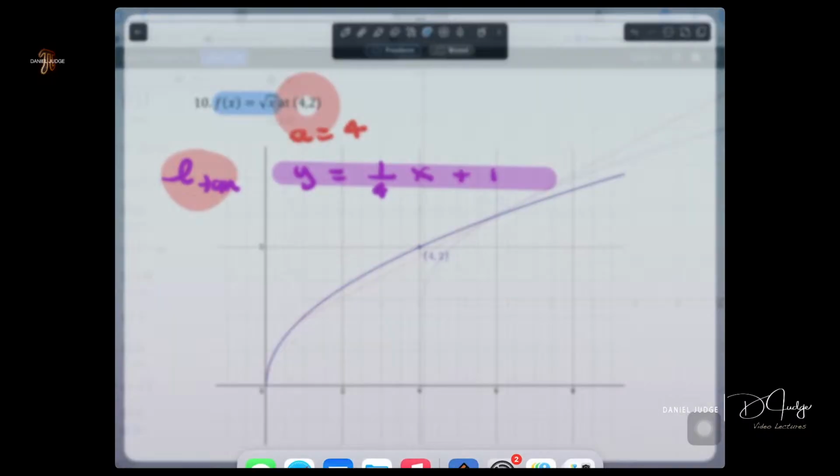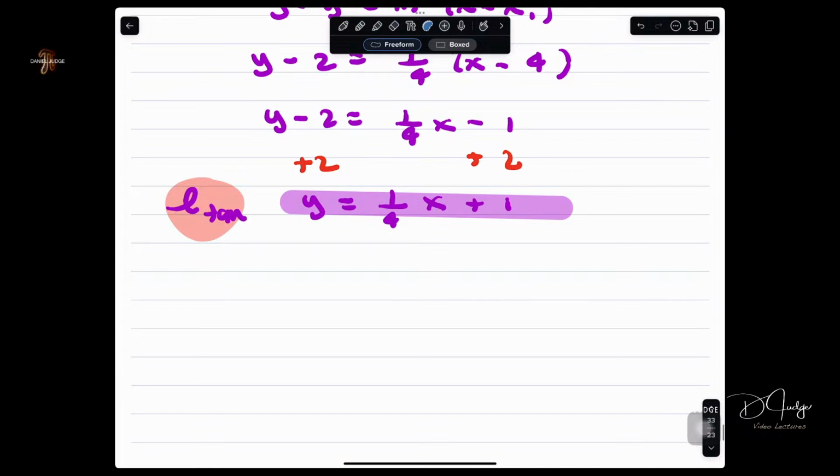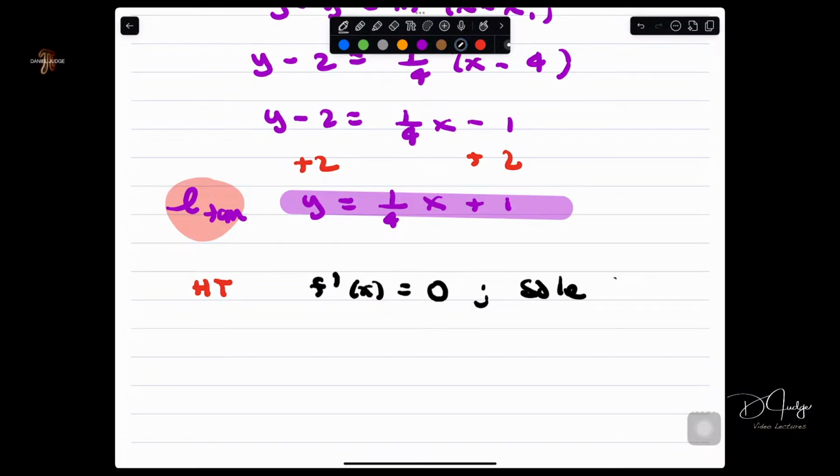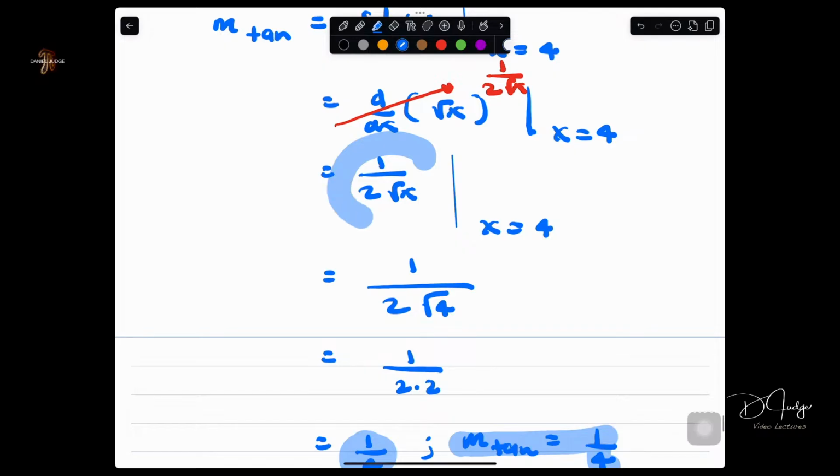Let's find horizontal tangents. This occurs when your derivative is 0, and yes, you'll have to solve for x. We just got to know what's the derivative of this function. The derivative is right here. It's 1 over 2 square root of x.